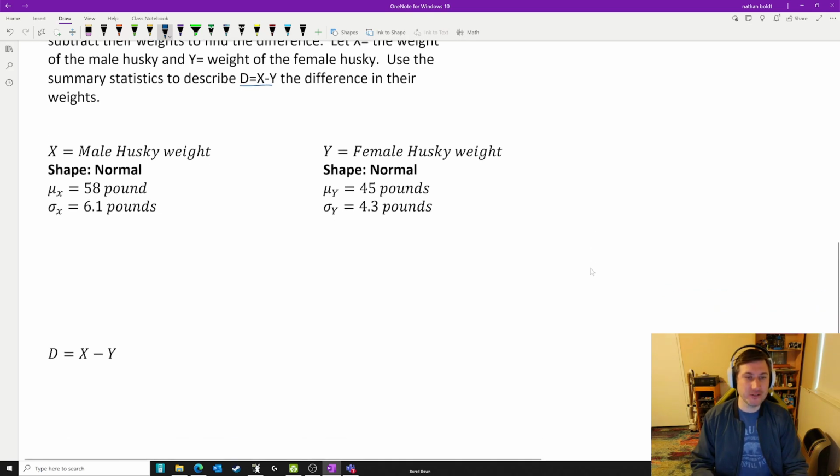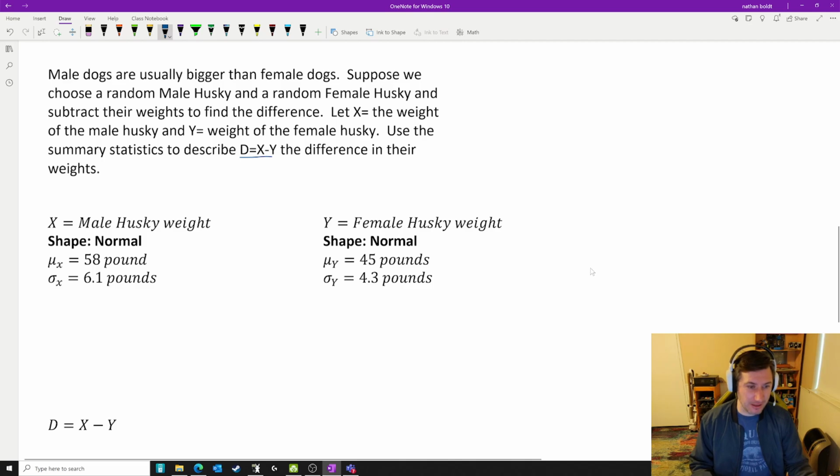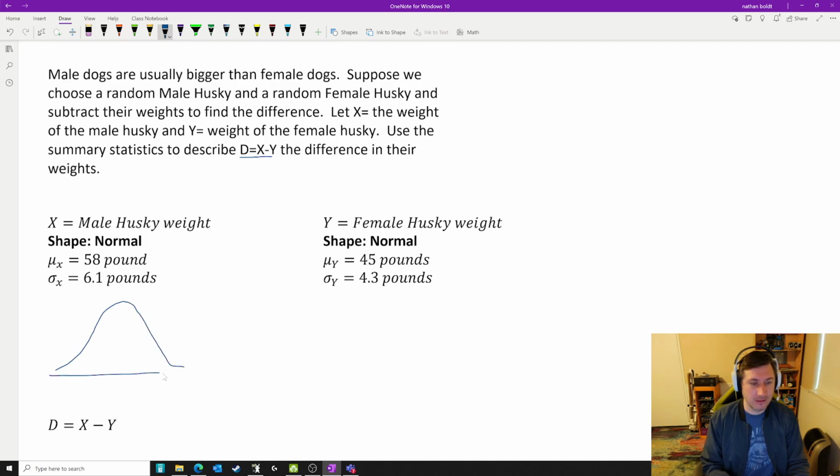All right, so here are our summary statistics. The male huskies, the shape is normal with an average of 58 and a standard deviation of 6.1. So here are my husky weights right here. They're normally distributed, where the average is 58 and the standard deviation is 6.1.